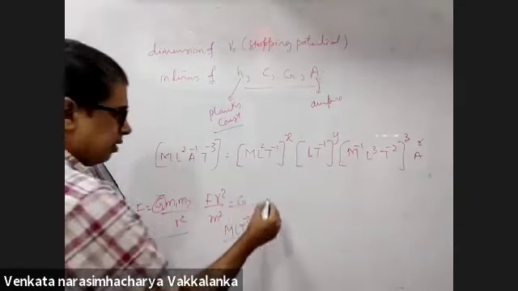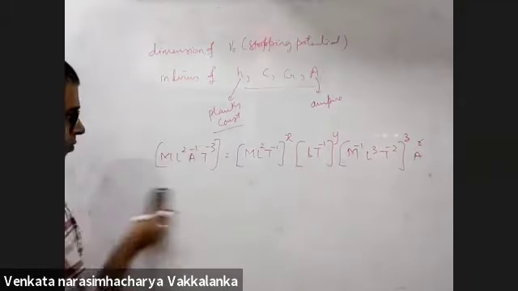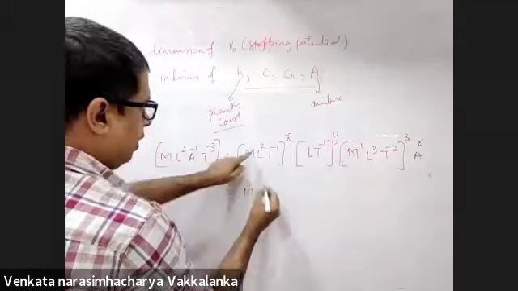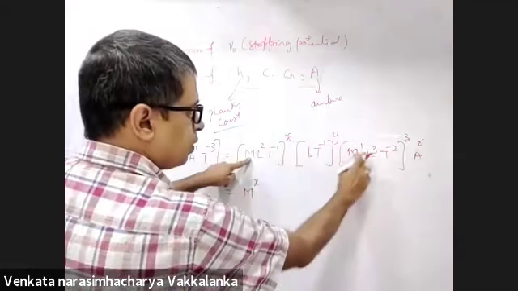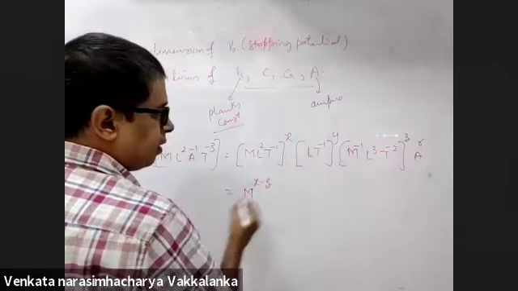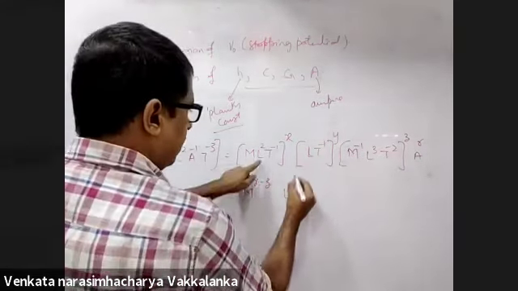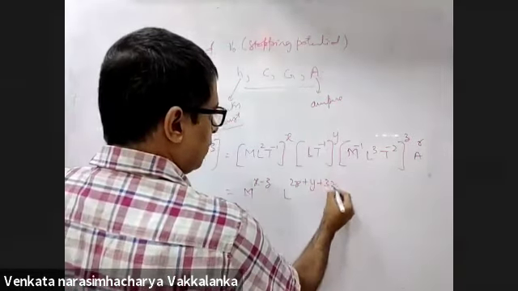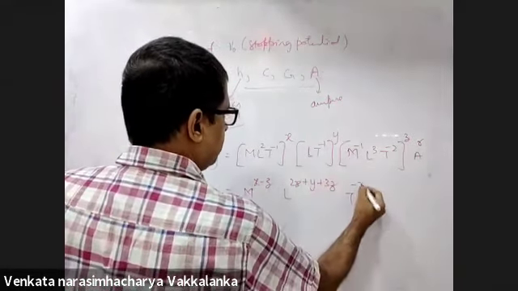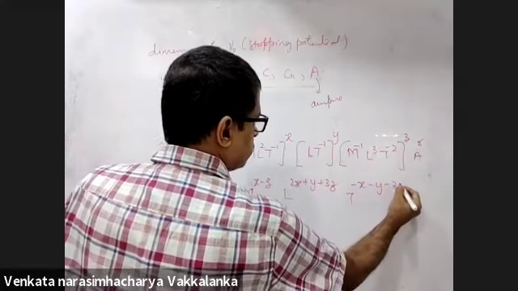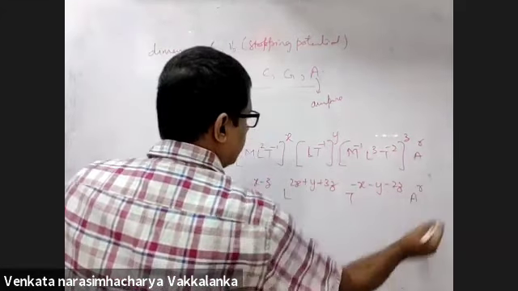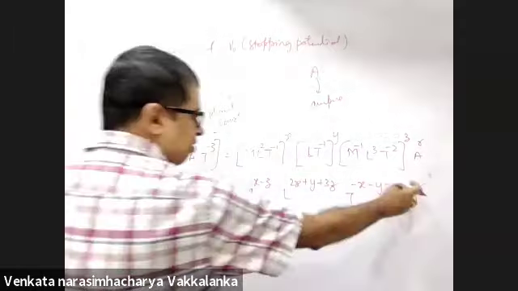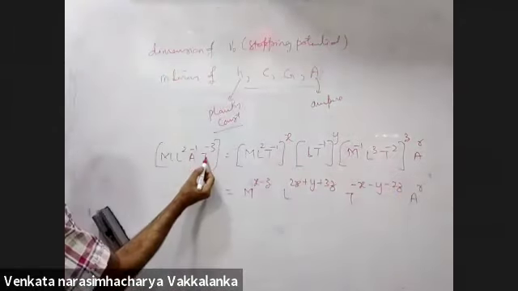Now equate. M to the power x minus z, L to the power 2x plus y plus 3z, T to the power minus x minus y minus 2z, A to the power r. A to the power r directly I'll get minus 1.